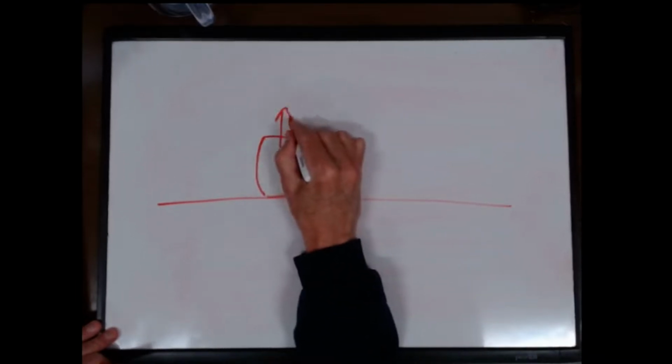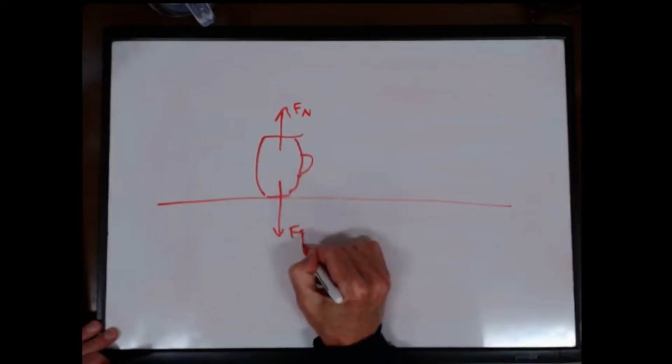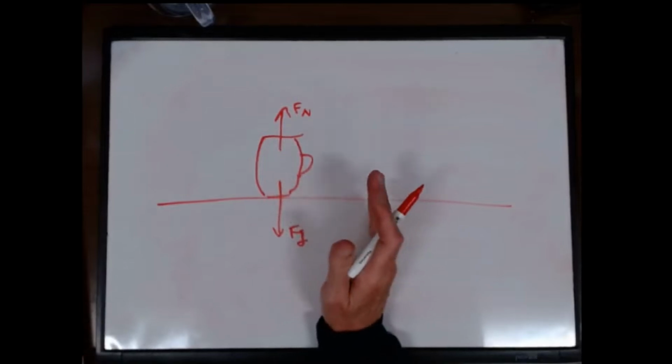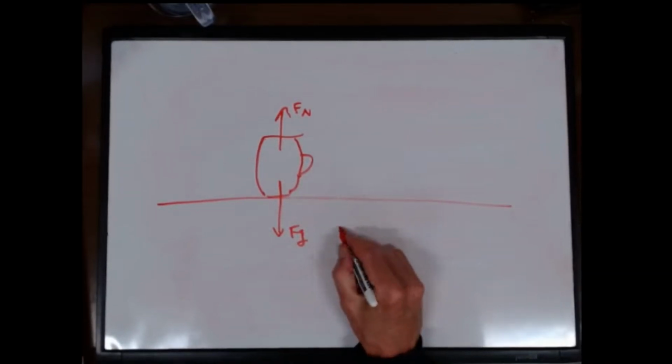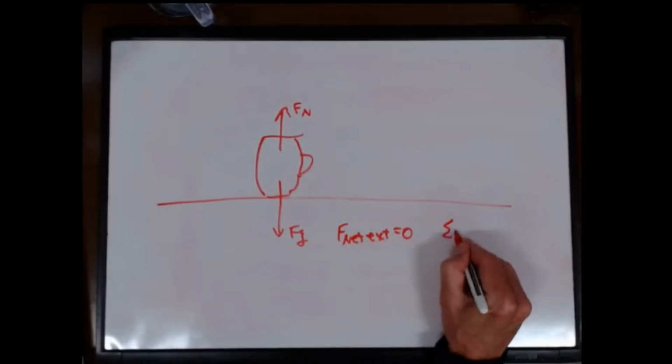I know it's got these two guys. It's got a normal force going this way and a force of gravity going this way. But these two guys add up to 0. So right now the net external force on my cup is 0.